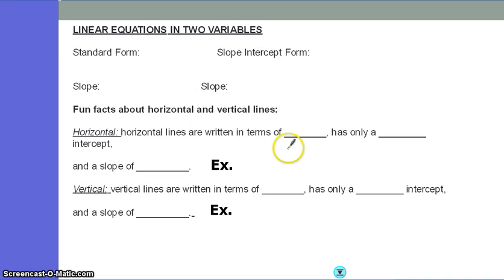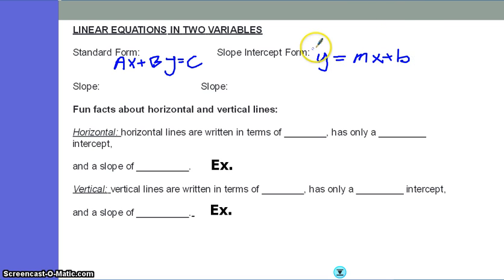And I want you to take a look then down at the bottom of, I believe it's a different page, at kind of tying this all together. Standard form, the actual written out version, is ax plus by equals c. Whereas slope intercept, this is your y equals mx plus b. Now slope intercept makes one thing easy, and that's finding the slope.